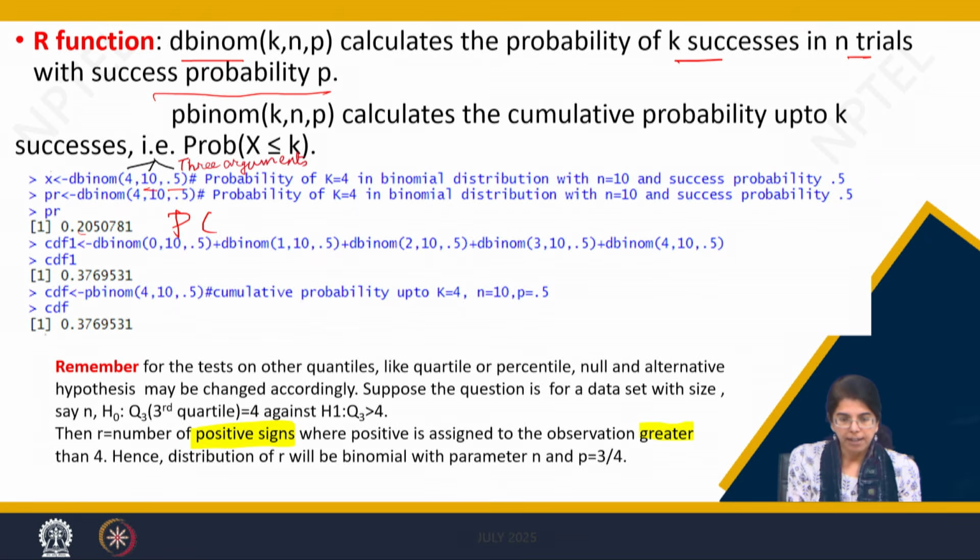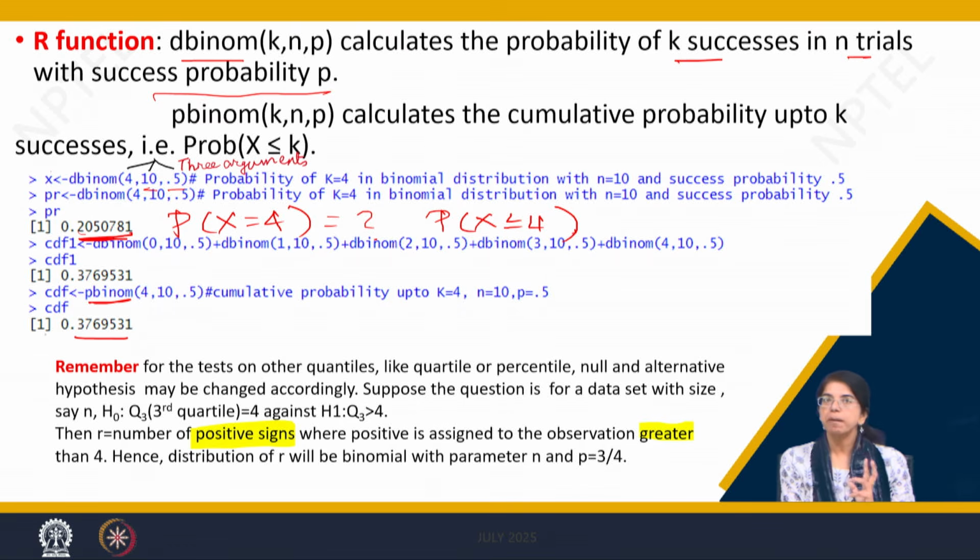That means in statistical language, the probability X is equal to 4 is 0.2050781. And if I ask you what is probability X less than or equal to 4, then you can use pbinom, and that is 0.3769531. So, you have to remember that cumulative concept and the individual probability mass.